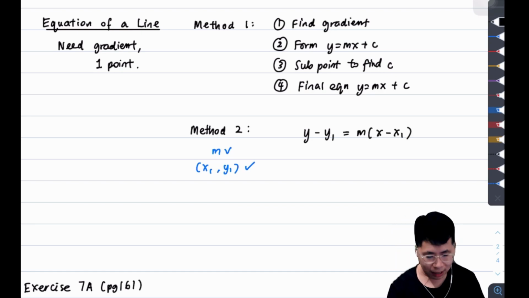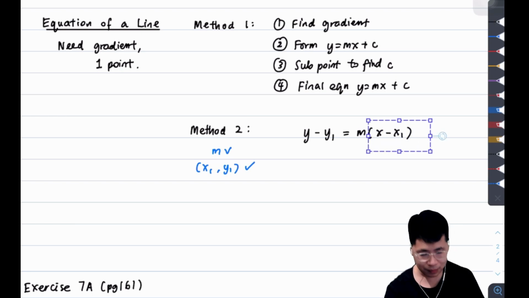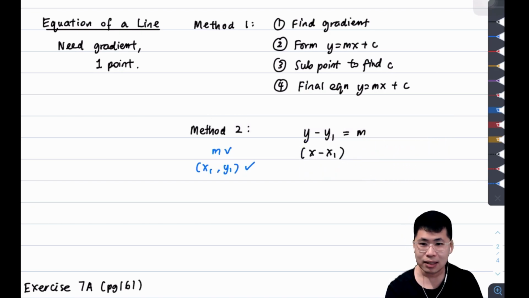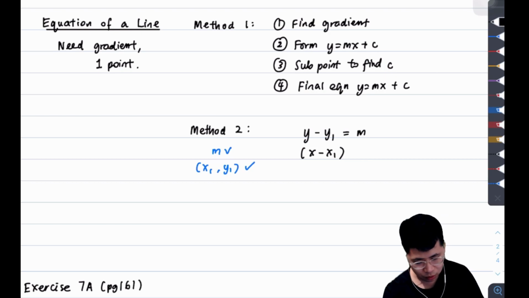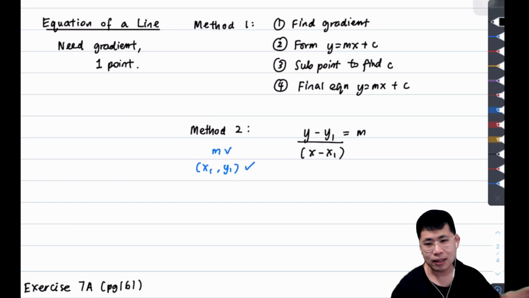Now why does this work? If you see this over here, if I were to move x minus x1 to the denominator, is this m? m equals y minus y1 over x minus x1, and y and x are the, what do you call this?